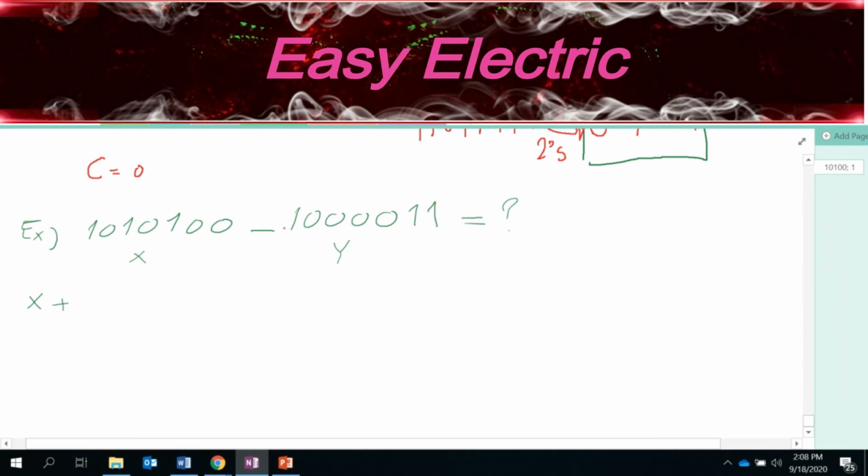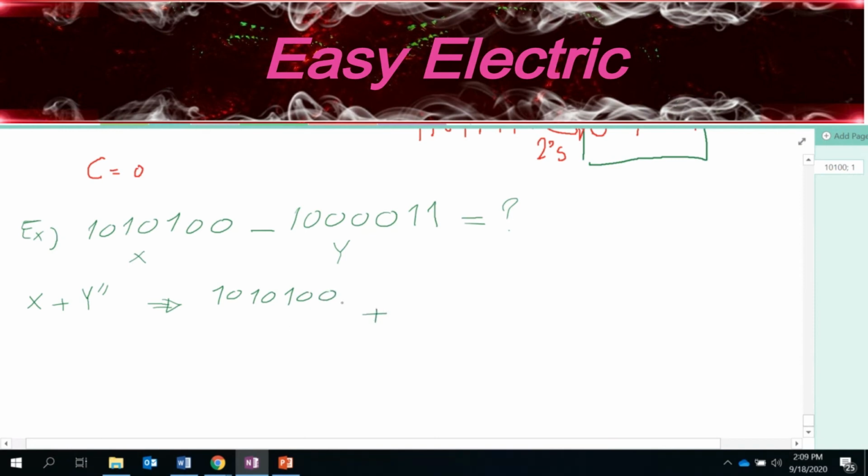You are in base 2, so the r minus 1 complement should be the first complement. That means you need to calculate x plus y double prime, where y double prime is the first complement of y. First keep the x, which is 1 0 1 0 1 2 0.